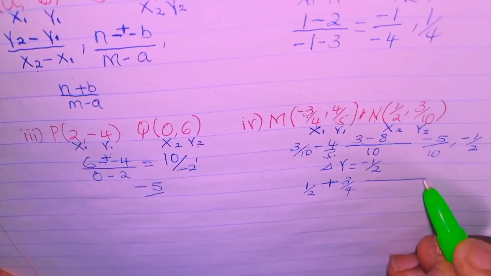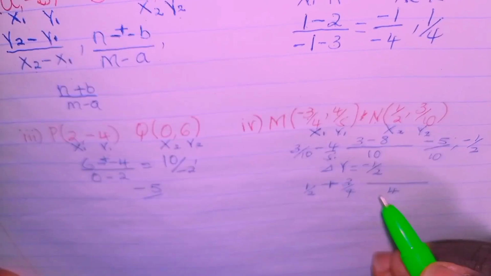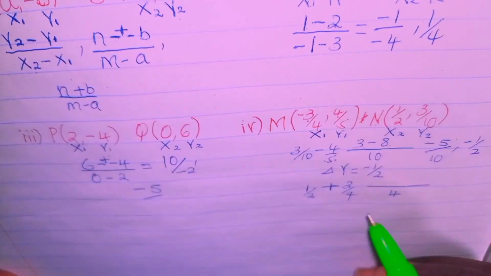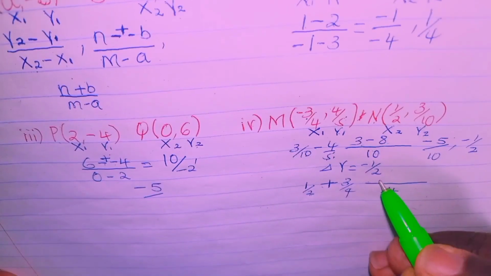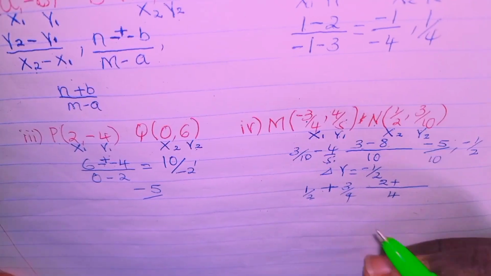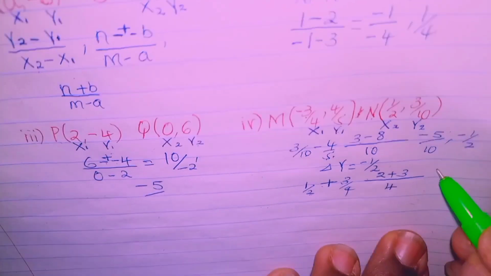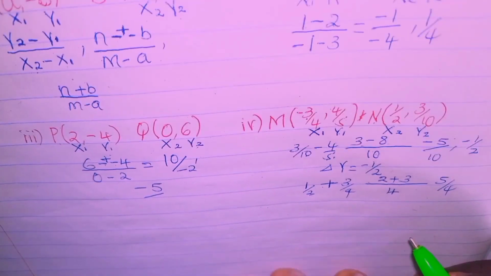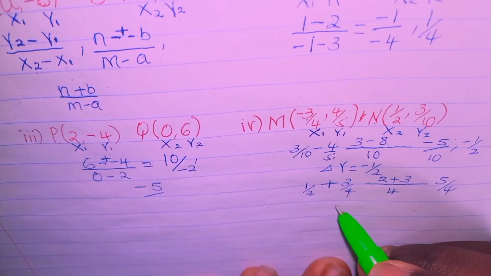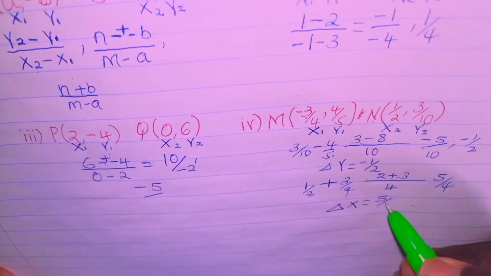If you add this, 4 divided by 2 is 2 multiplied by 1 is 2, plus 4 divided by 4 is 1 multiplied by 3 is 3. 2 plus 3 is 5, so 5 over 4. So our change in x coordinate is 5 over 4.